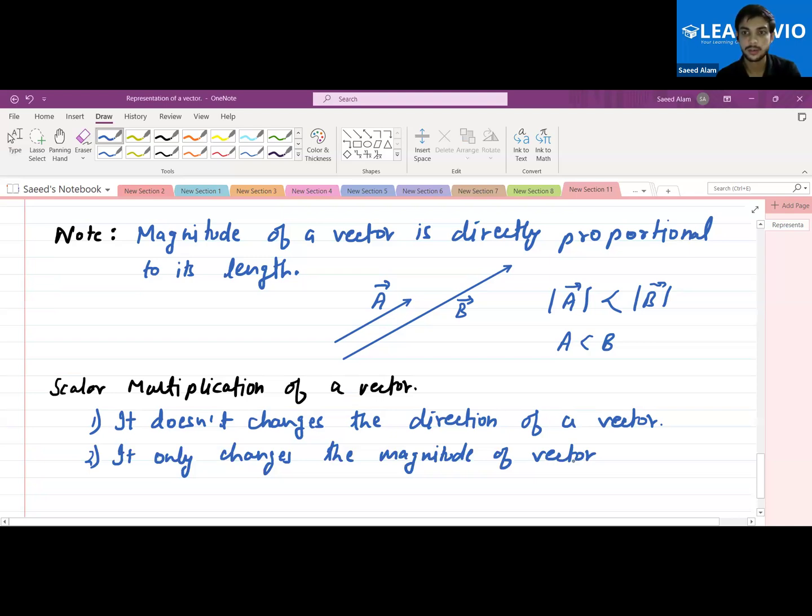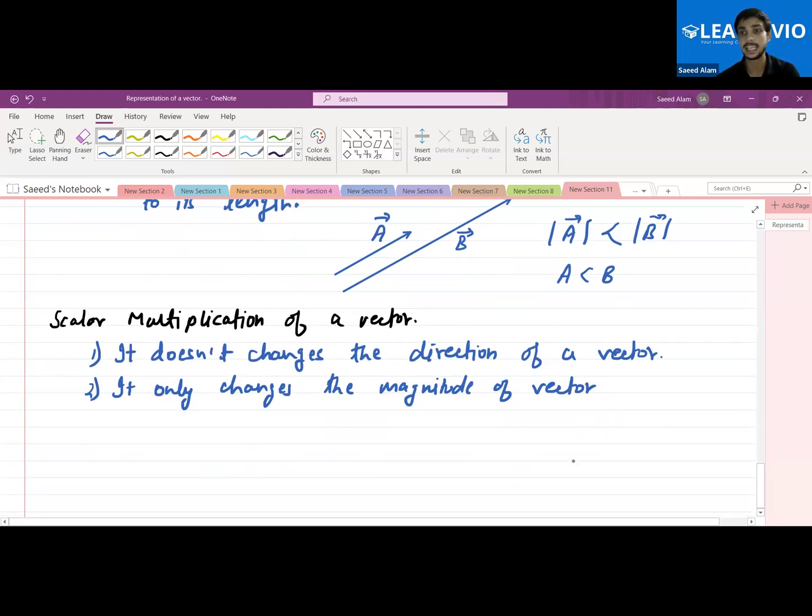Yes. Okay. So we had seen these two things, that on scalar multiplication only one thing is going to happen: it does not change the direction of the vector, it only changes the magnitude of the vector. But we had concluded this till now. Okay, let's see whether we have written it correctly or some amendment is still required there. If it is required, we'll do it.